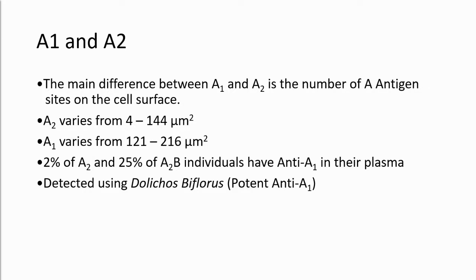This slide shows variation in A antigen expression per micrometer squared across the red blood cell surface. A2 have less A antigen on the cell surface, therefore the person who is A2 can form anti-A1, i.e. antibody that reacts with the A1 group.